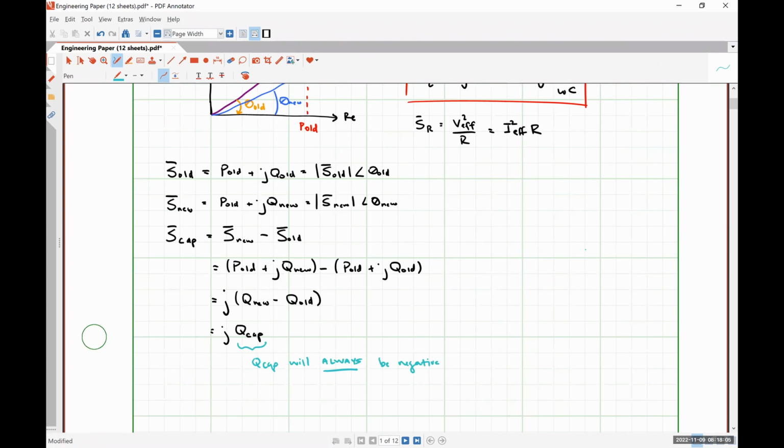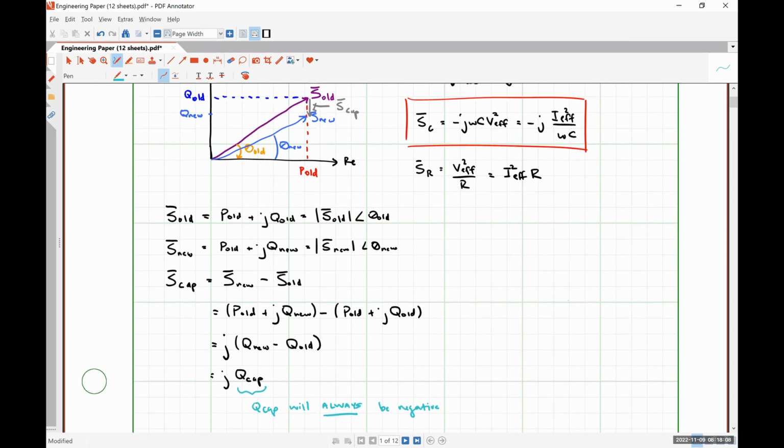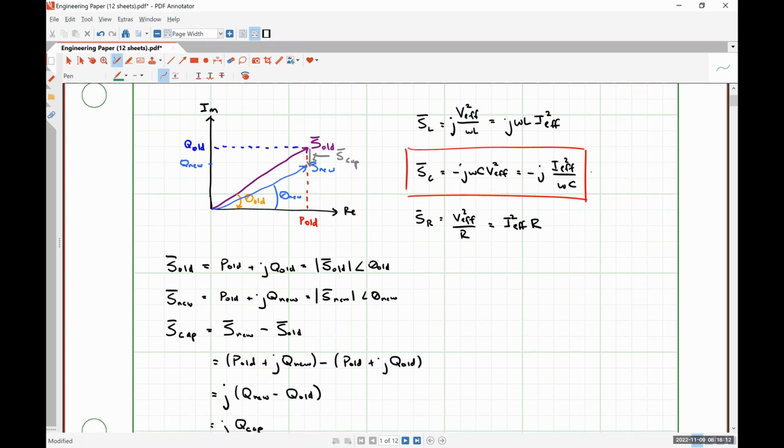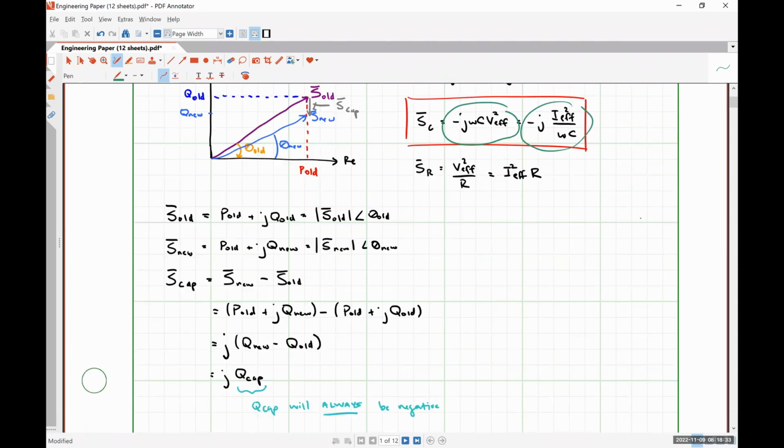We can equate JQ cap to either this expression for the complex power provided by a capacitor or this expression. 99.999% of the time we use the voltage relationship because we transmit power using voltages. We don't use current sources or anything like that, okay?